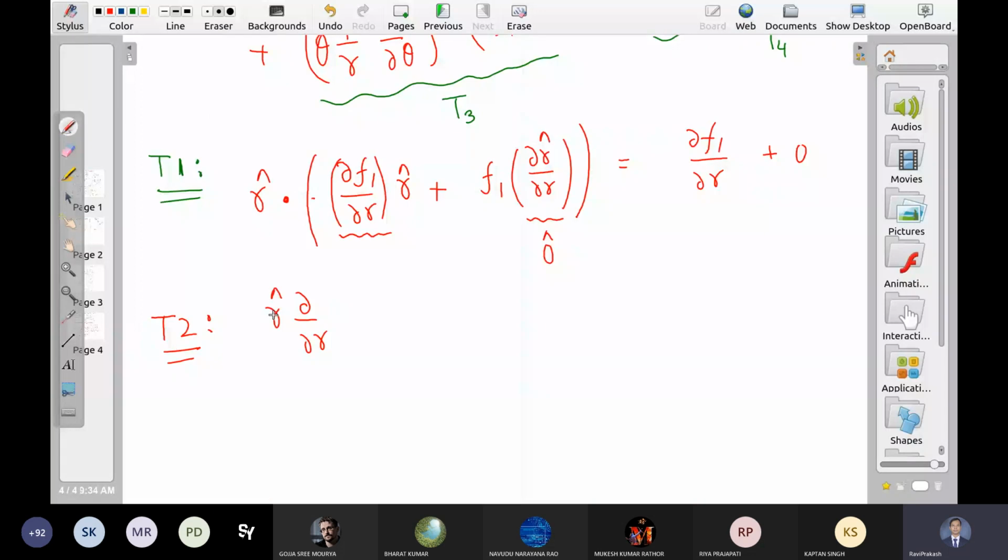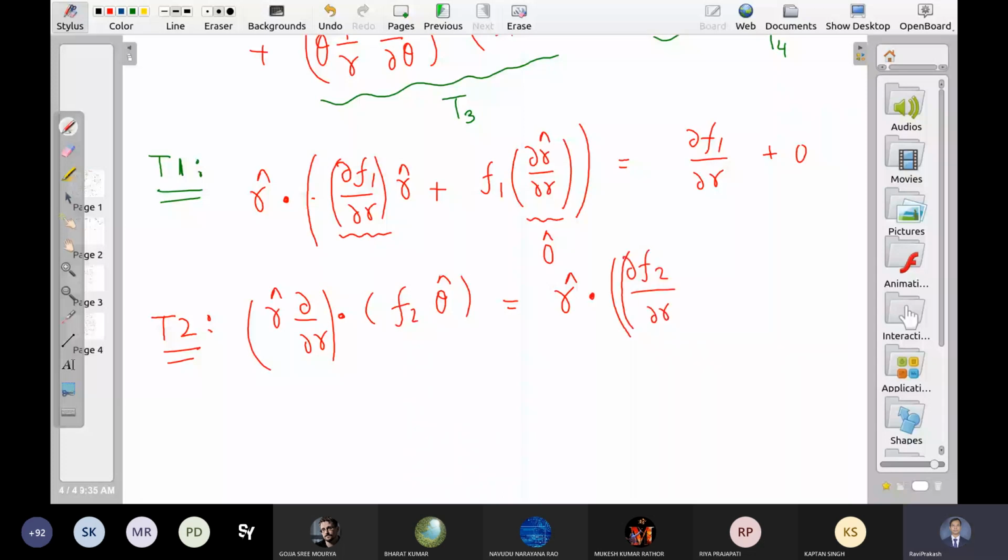So this operator will operate on this dot product: del f2 by del r dot theta cap.